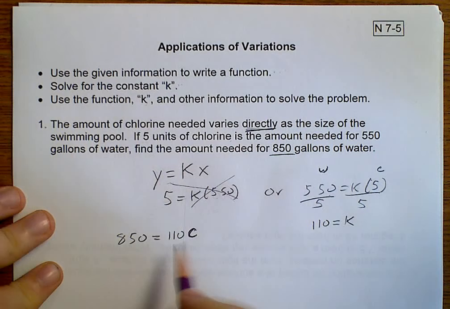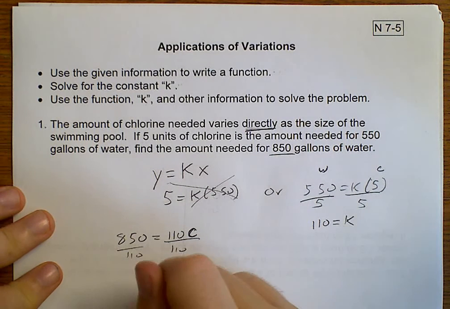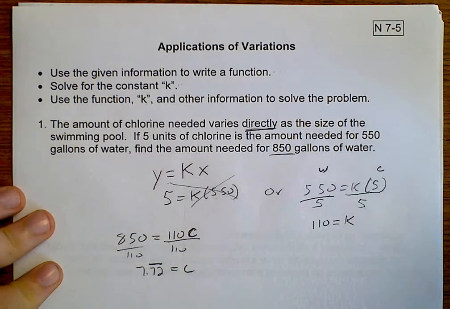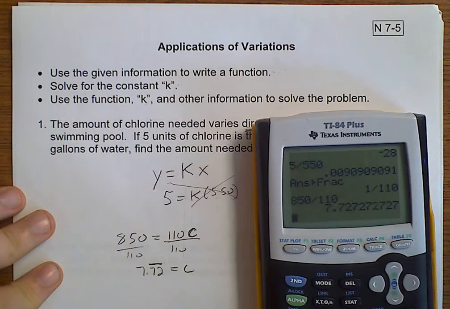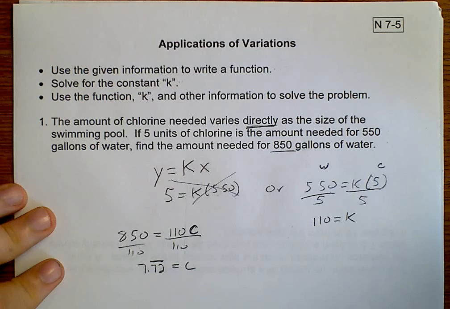Well, this is simple enough. We just divide by 110, and 850 divided by 110 is 7.72 repeating. Just so you can see it in the calculator, 850 divided by 110 is 7.72, and the 7 and 2 repeat forever. So that's how much chlorine would be needed.